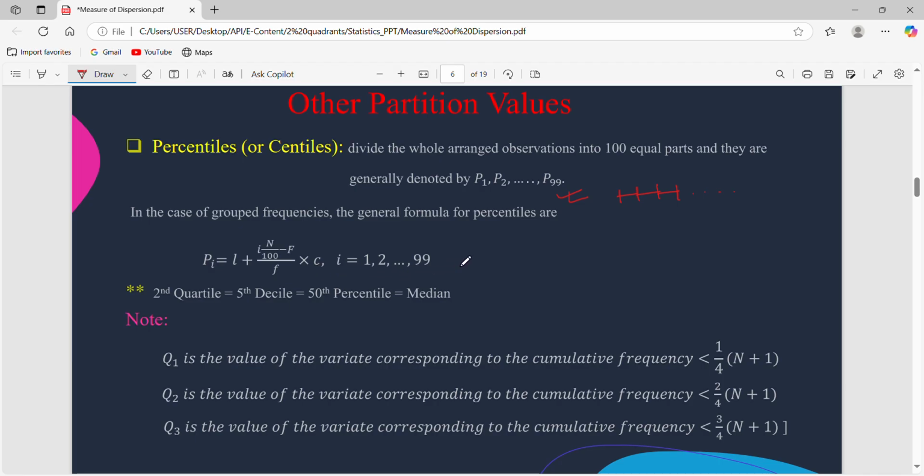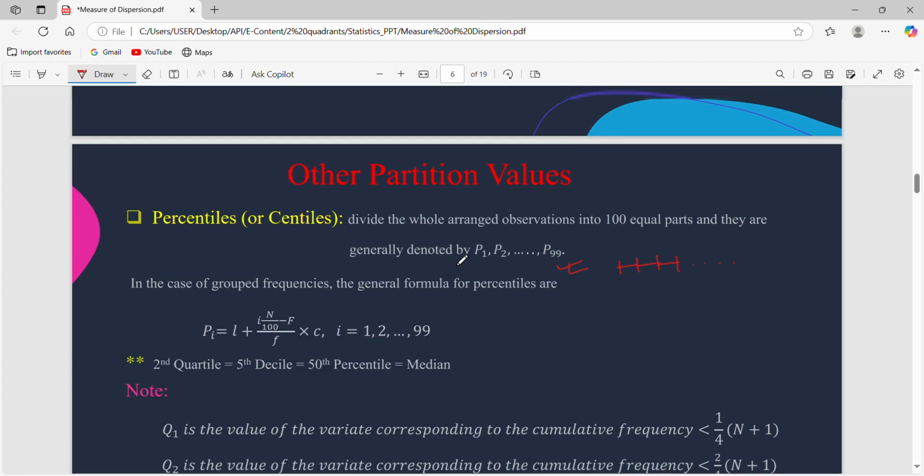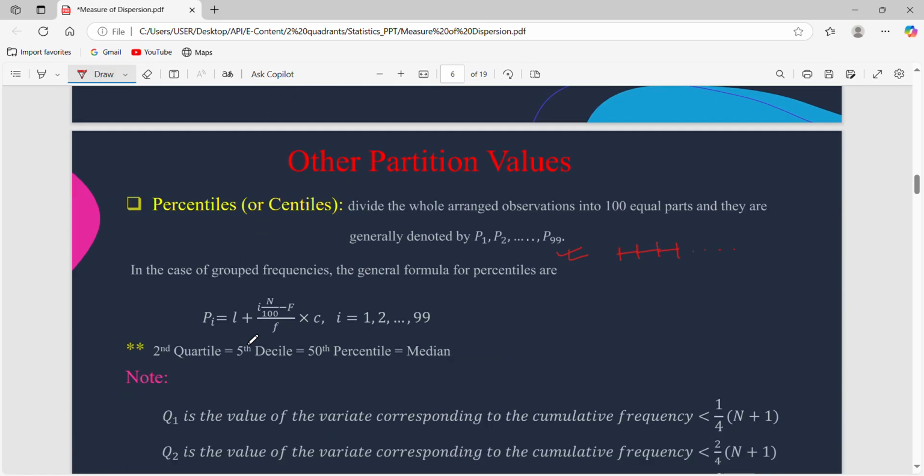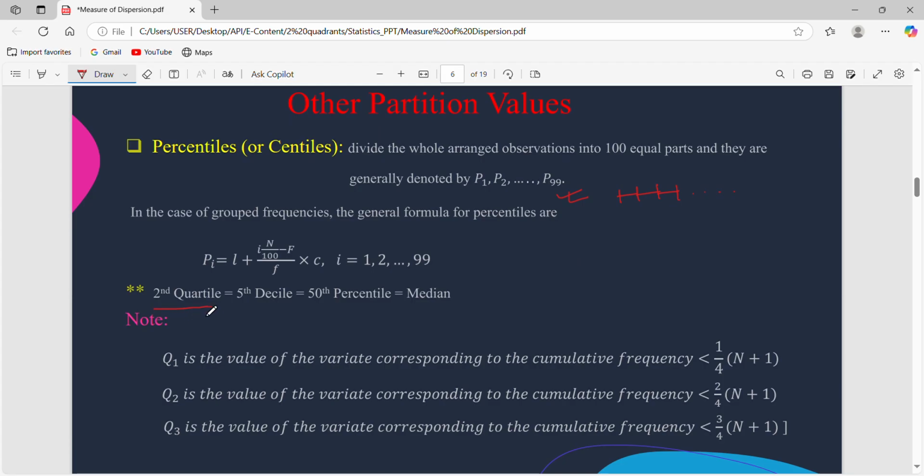So we have seen that if we put i equal to 2 in the quartile formula, we will get the formula of median. So Q2 equals median, as I already told you, second quartile equals median.